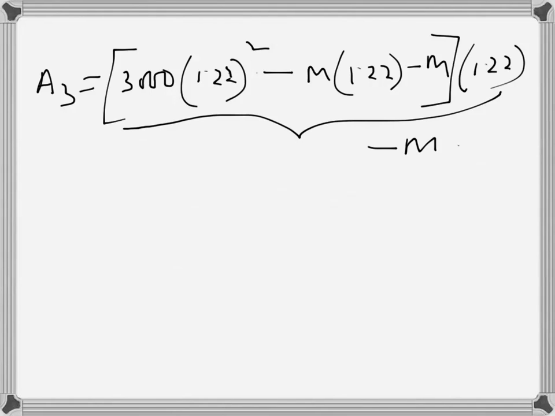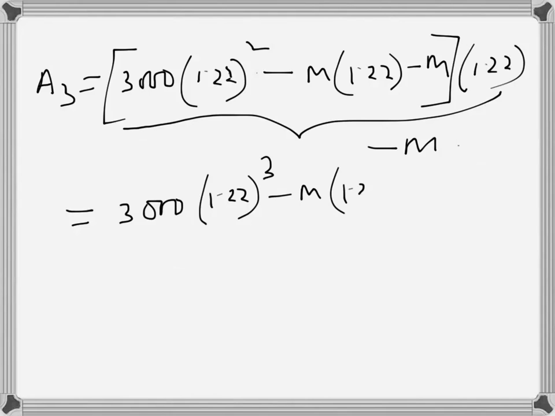So again, if I do the multiplication, it will be like this: 1.22 cubed minus M times 1.22 squared minus M times 1.22 minus M.